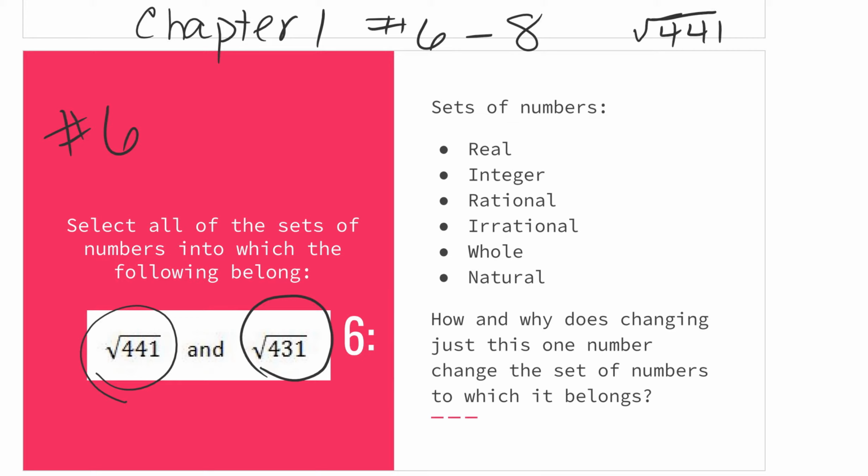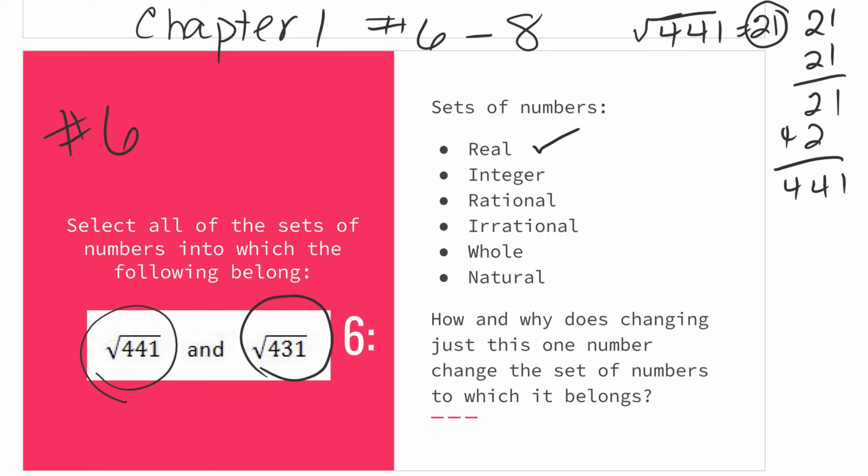If I were to put that in the calculator, the number 21 times 21 is going to give, so the square root of 441 is 21. 21 is part of the real number system, so I could circle that. 21 is an integer. 21 is a rational number because I can write it as a fraction.